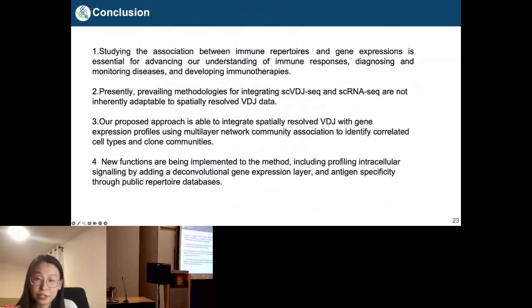Our approach combines spatially resolved VDJ and gene expression data based on both sequence and spatial similarity to find the related cell types and clones. Currently, we are adding new functions to analyze intracellular signaling and antigen specificity based on public databases.